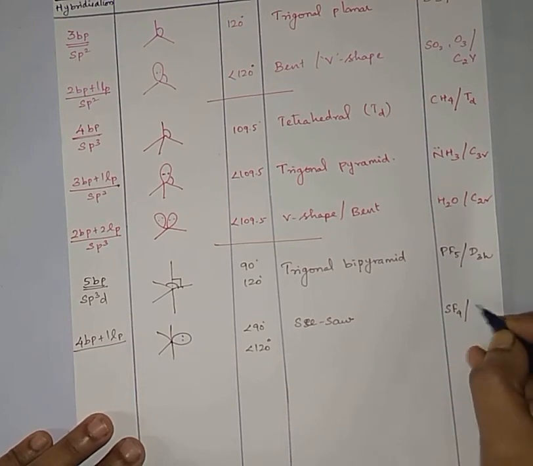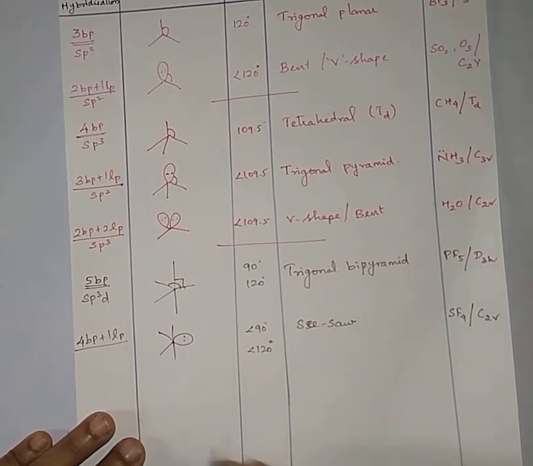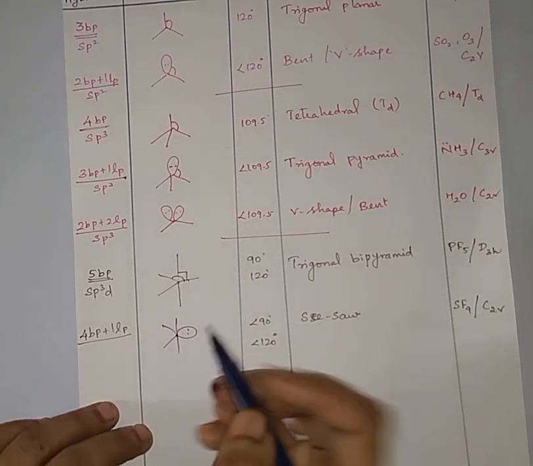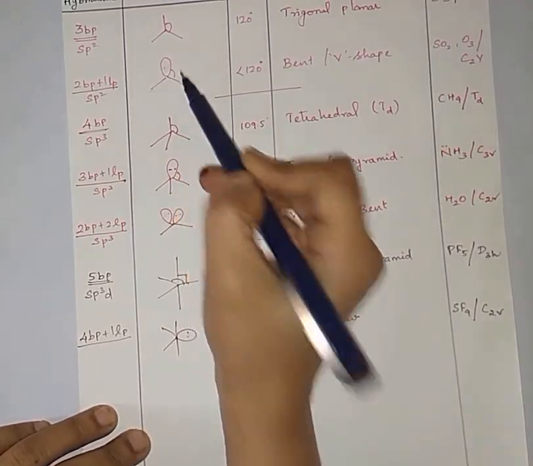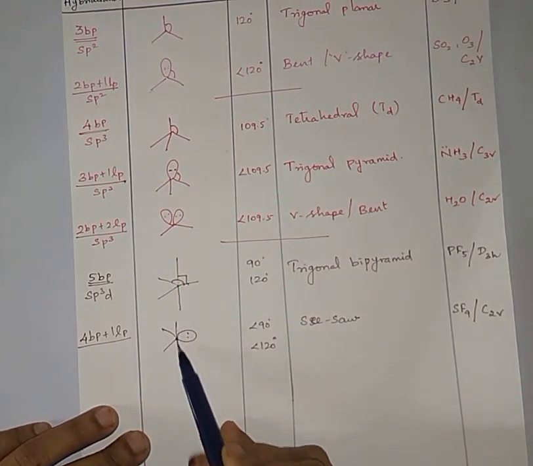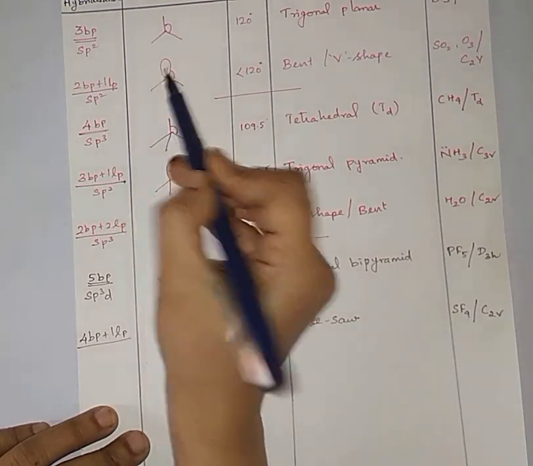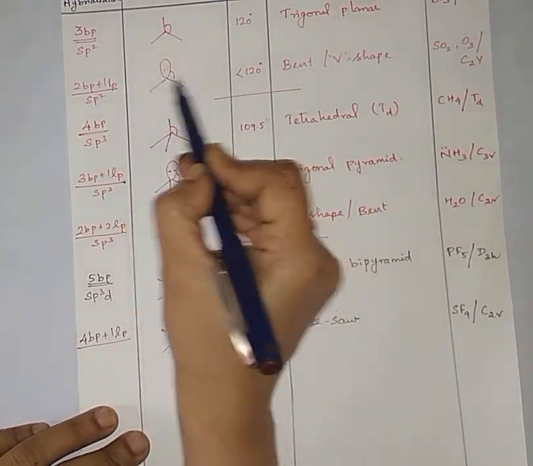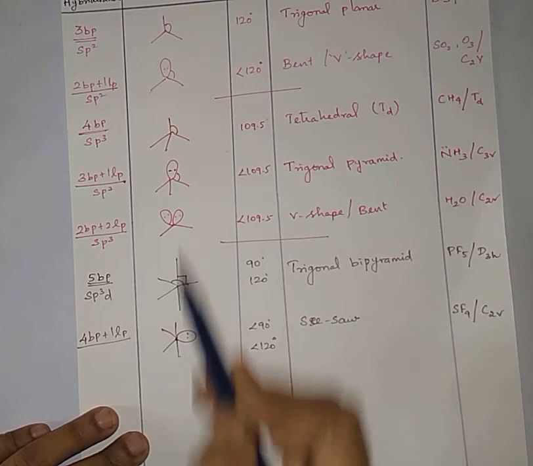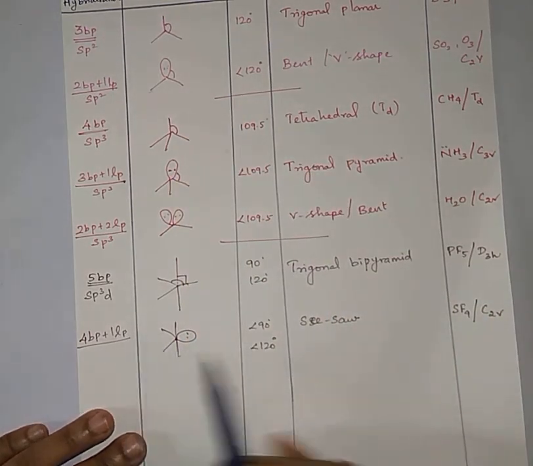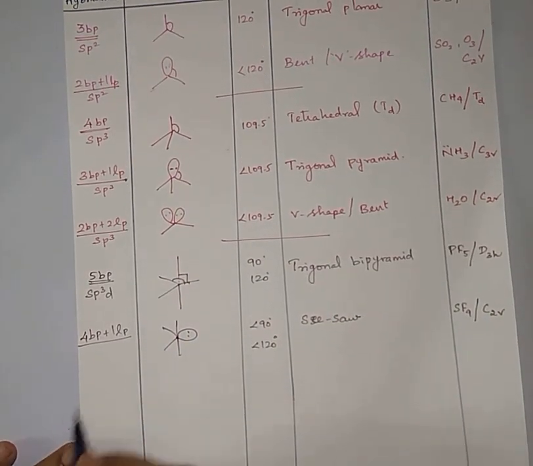What is the point group? This is also C2v point group. Two lines are going in the same symmetry, only 1 line is not there. If so, the same point group is carried forward. This is also C2v.